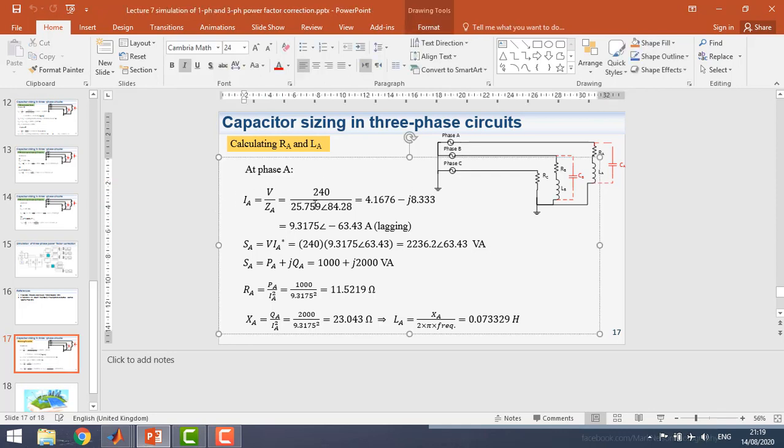The current, as we calculated early, has a value of 9.3 ampere. We have the active and reactive power. In order to find the resistance and inductance, we can simply divide the active power by the current to find the value of the resistance and inductance, just like that.